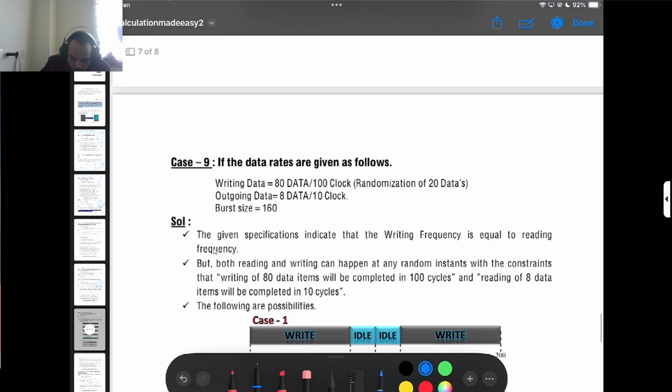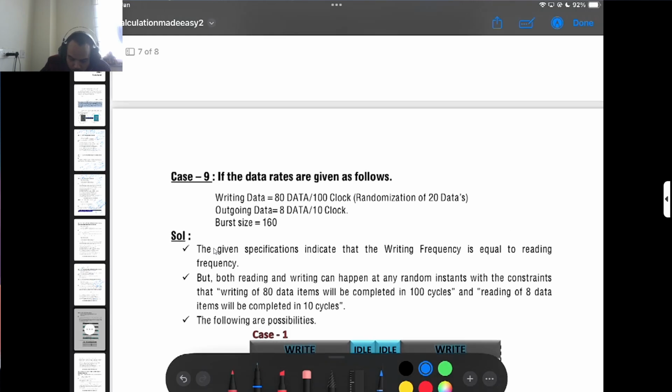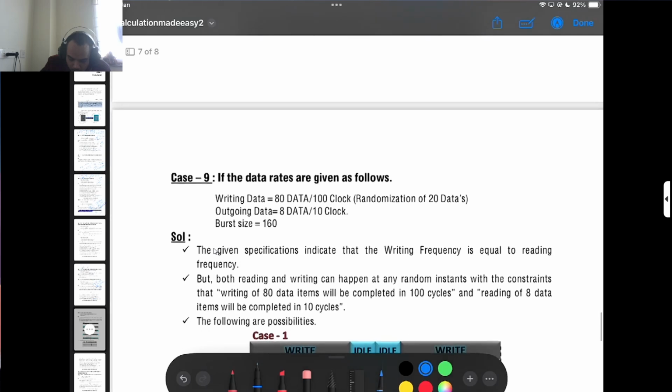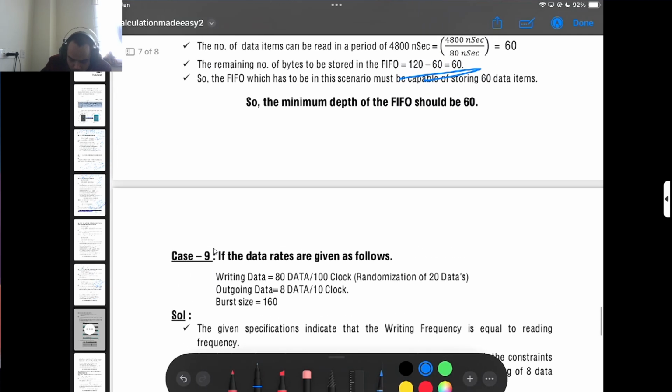And case number 9, the data rates are given as follows. Write data is 80 data per 100 clock cycles, so a randomization of 20 data. Outgoing data is 8 data per 10 clock. So burst size.